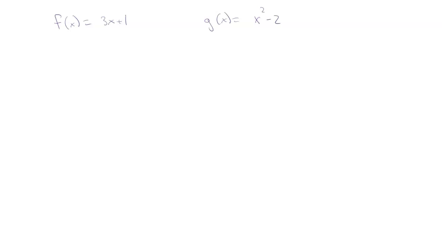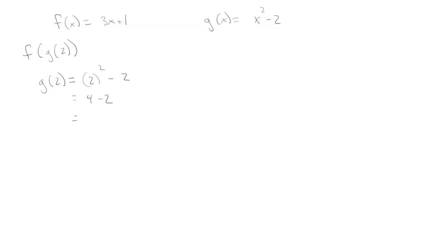Okay, and I want to know what is f of g of 2. Okay, so what this means is I'm going to plug in 2 into my first equation. Okay, so I'm going to plug it in right here. So I'm going to say that this is g of 2 is equal to 2 squared minus 2, which gives you 4 minus 2.